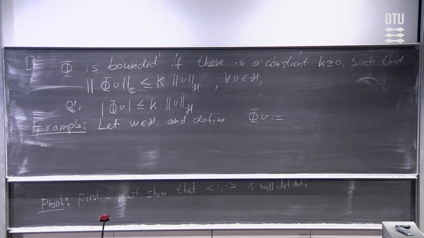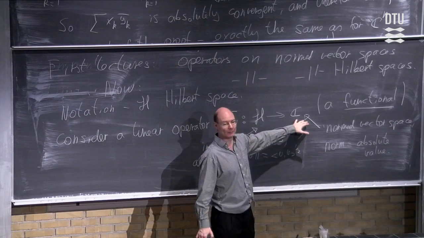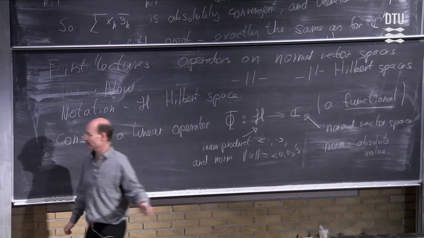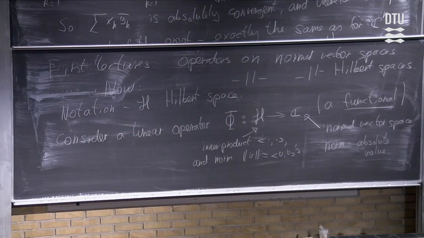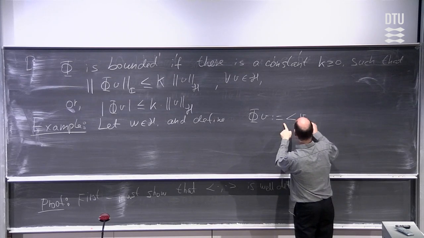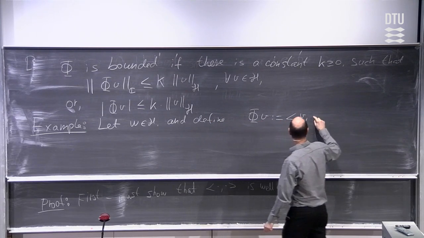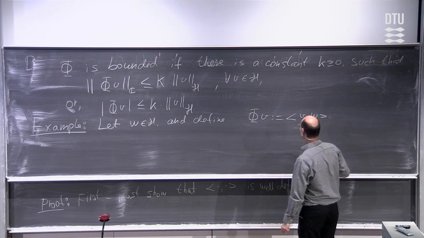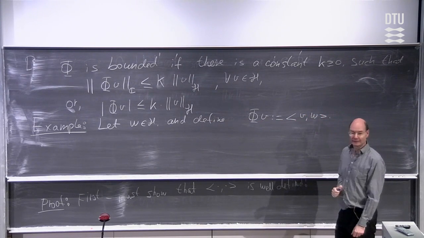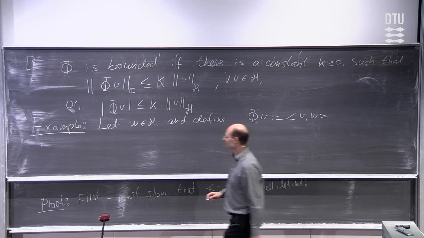According to what we are saying here, this should just be a complex number. And the way I'll define this complex number is to say phi of v should be the inner product between v and this given element, w. Then this phi is linear.